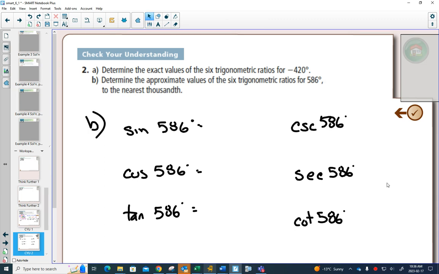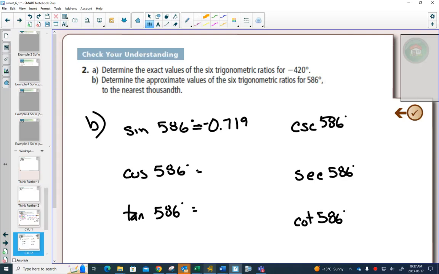So first of all, I want everybody to type in sine of 586. And I want to make sure that you see that it's equal to negative 0.719. If you got 0.995 on your calculator, it is not set in degrees.